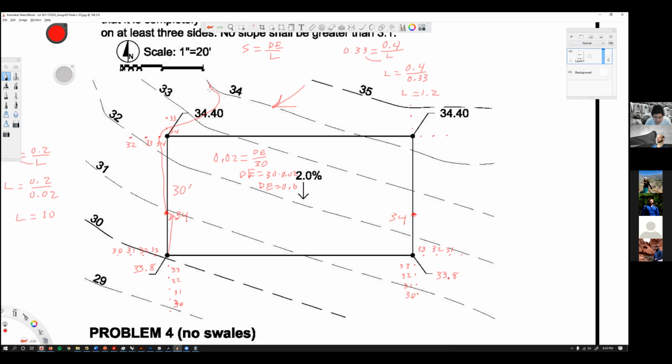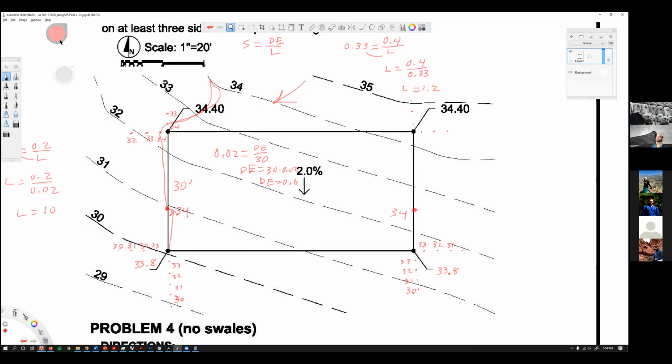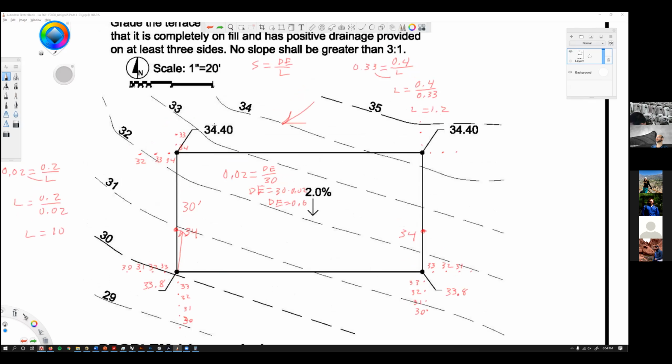You can do it smoother than that; it doesn't have to come way crazy like that. Should do these in a different color, blue. So your 34 is going to come down, something like this, and then connect to where it intersects the slope. And then it's going to come straight across to the other 34 over here.